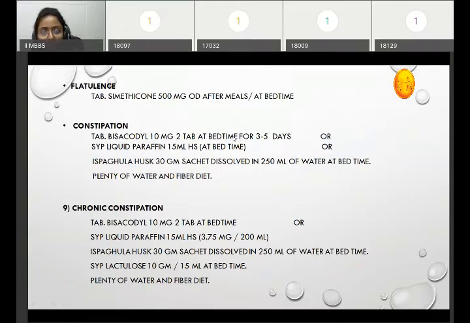So just tell me, what are laxatives first? What are laxatives? Answer me, what are laxatives?